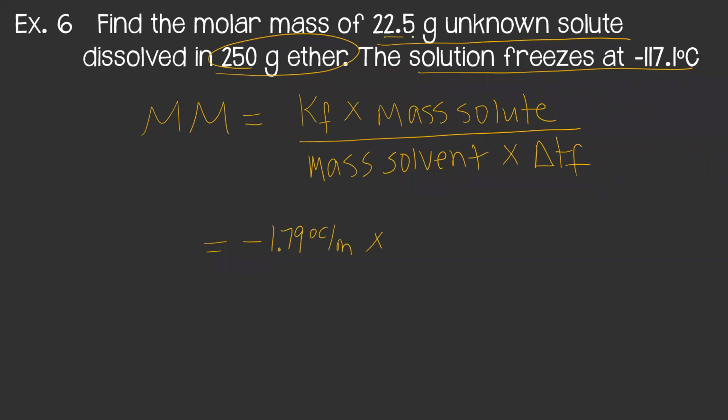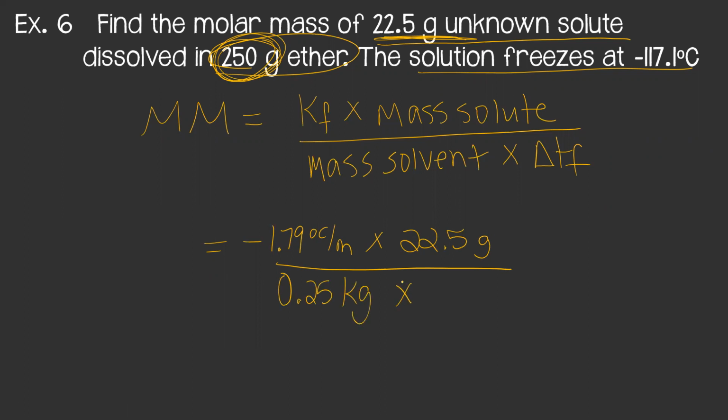My mass of solute is right here in grams. And then I'm dividing by the mass of solvent. So I have to change this to kilograms. So I divide by 1,000. And then I need to find my delta TF. So once again, that's not the freezing point, that's a freezing point depression.